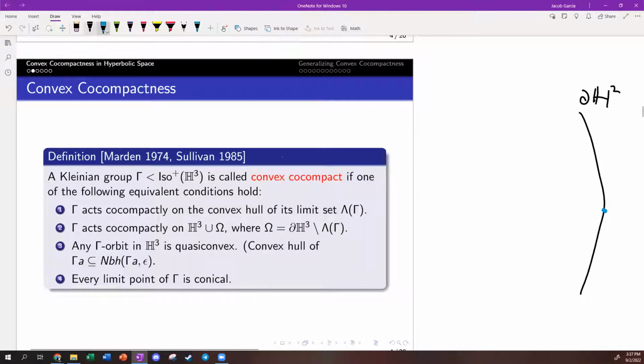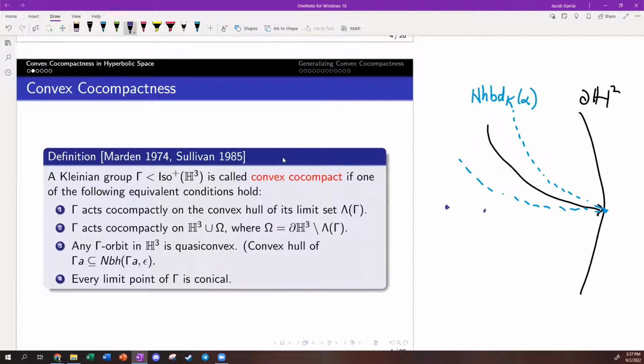Being conical means that if I take any geodesic representative for that point on the boundary, then there exists some K neighborhood, the K neighborhood of my geodesic ray alpha. No matter what geodesic ray I started with, that geodesic ray will intersect my orbit at least once.